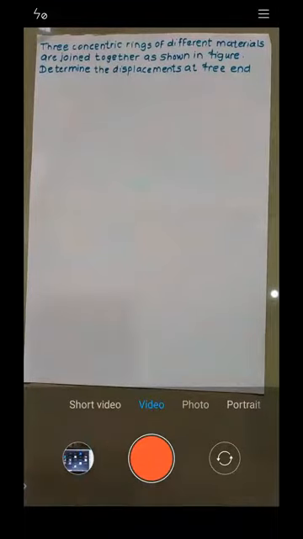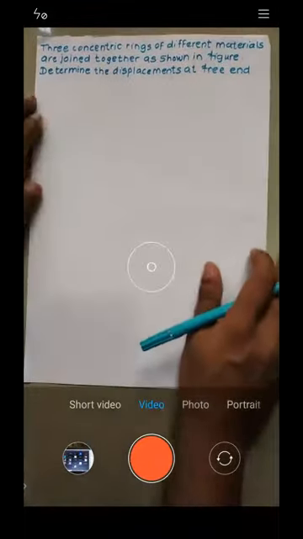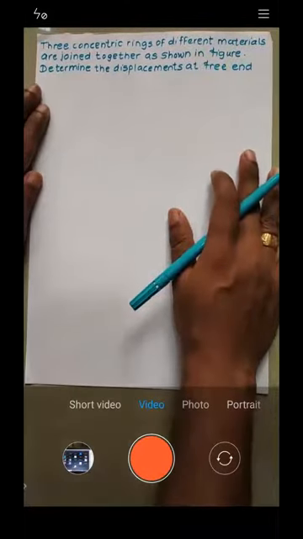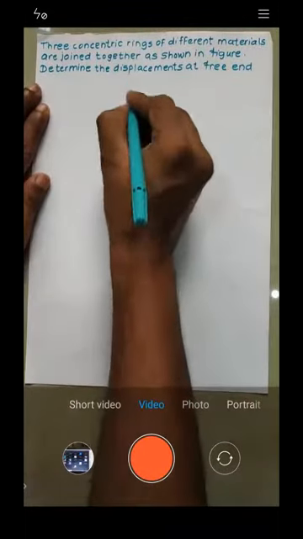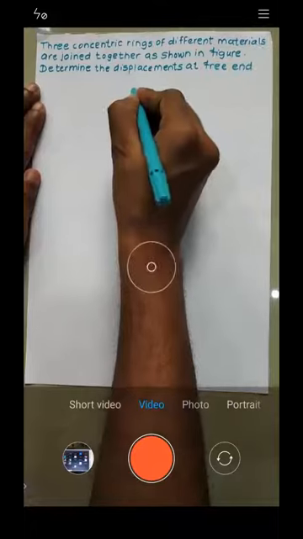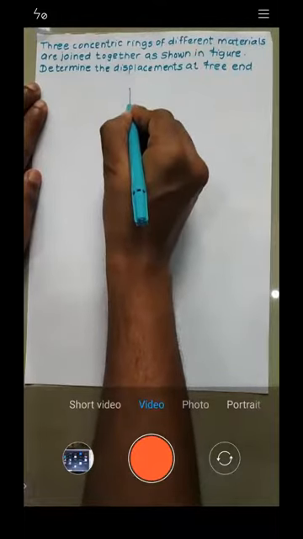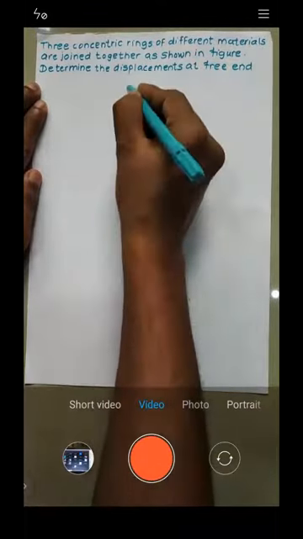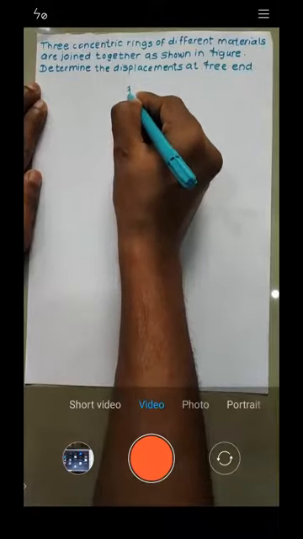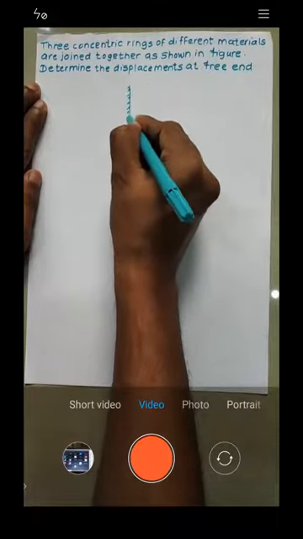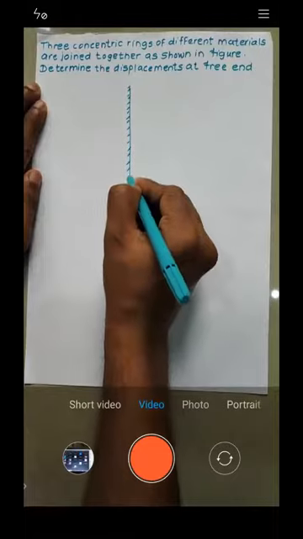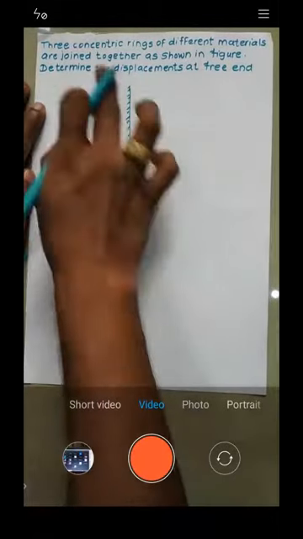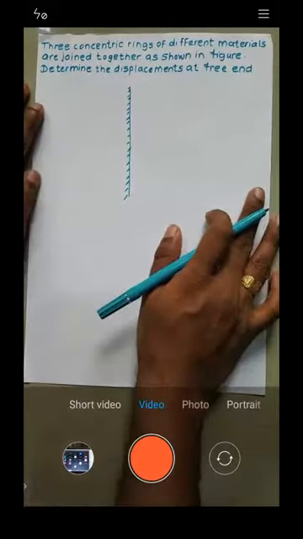Let's consider this problem. This is a fixed support I am drawing. To this fixed support I am going to attach the three concentric rings.